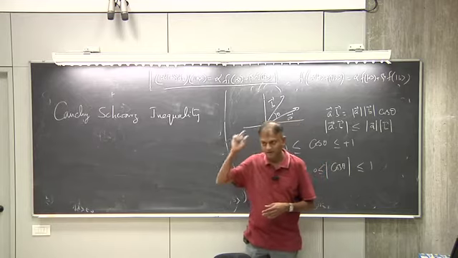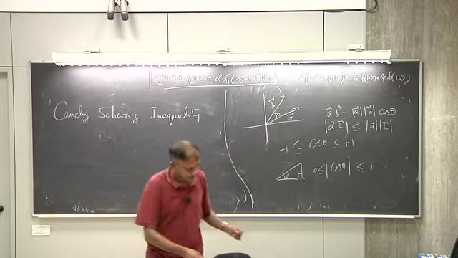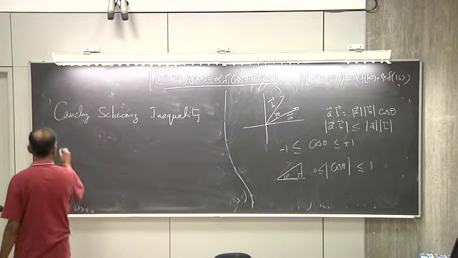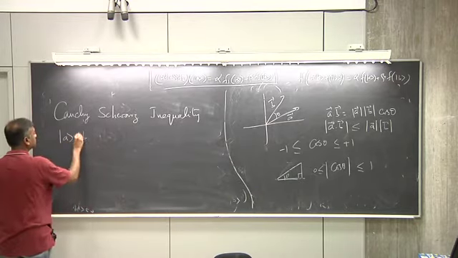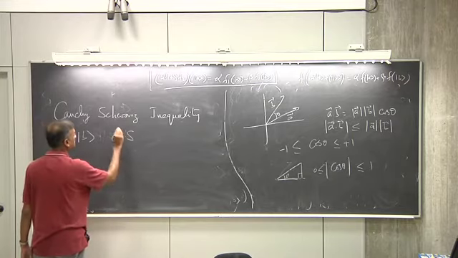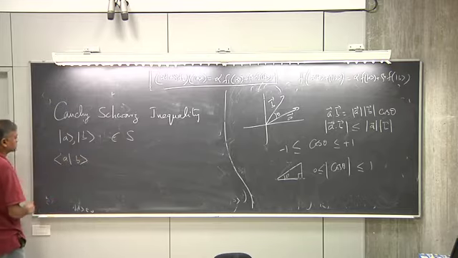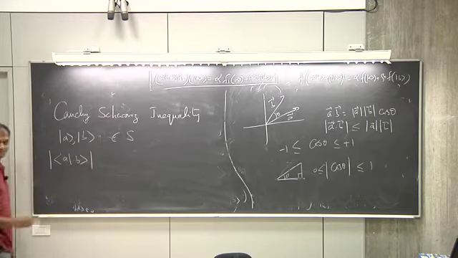That's the question. So what we want to prove, in fact, is exactly this: if I give you two vectors A and B in S, then you take the scalar product of these two and take the magnitude of that.